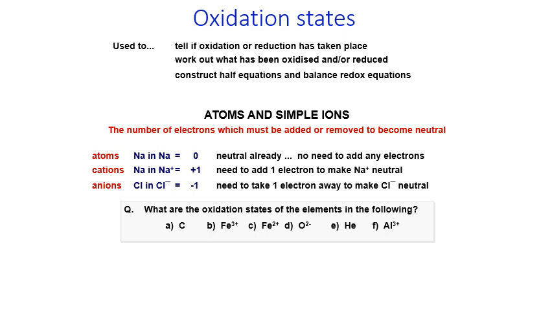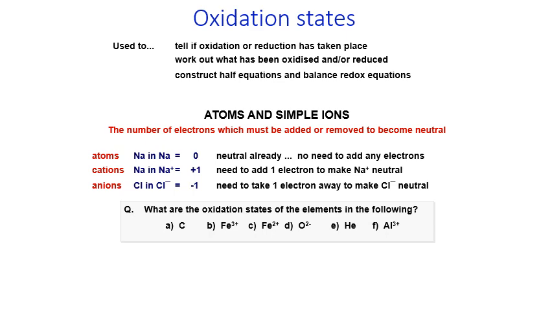Cations, basically the oxidation state is going to be the charge that they have. So for sodium ion, it's going to be +1. And therefore for anions, the oxidation state is going to be the charge again, usually -1 for group 7, -2 for group 6, -3 for group 5, for example.